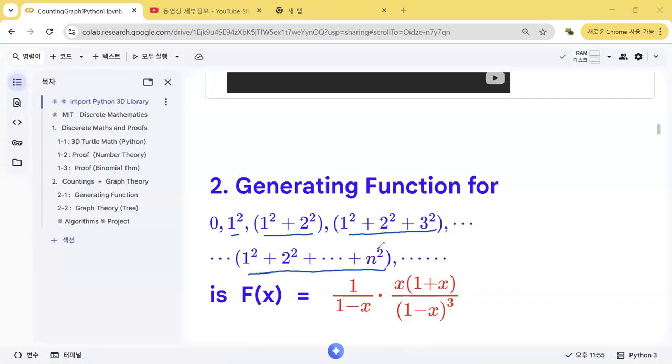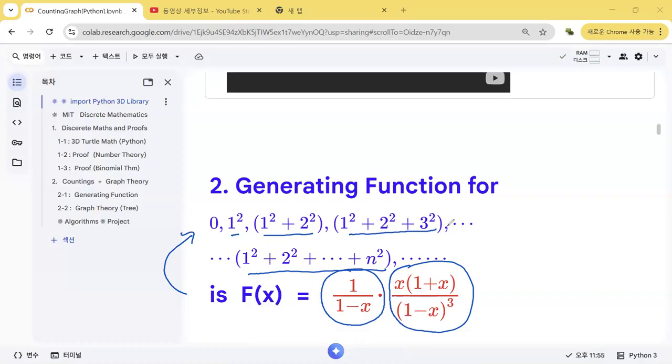This is the generating function for one squared, two squared, and three squared. By multiplying by 1 over 1 minus x, you can get the generating function of this sequence.